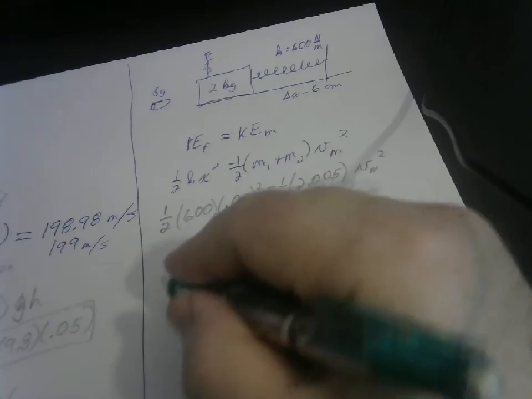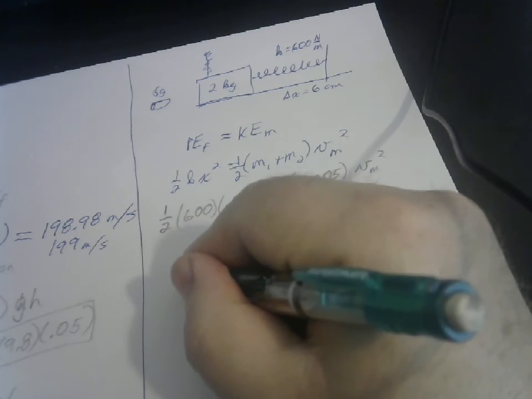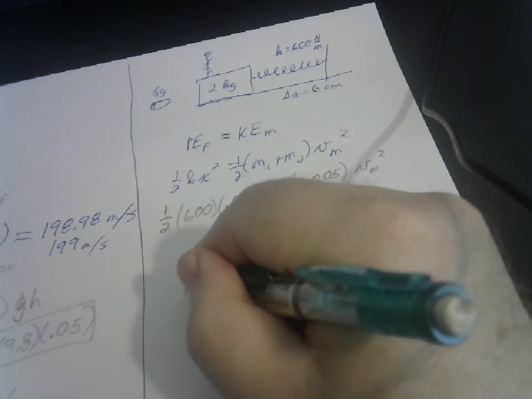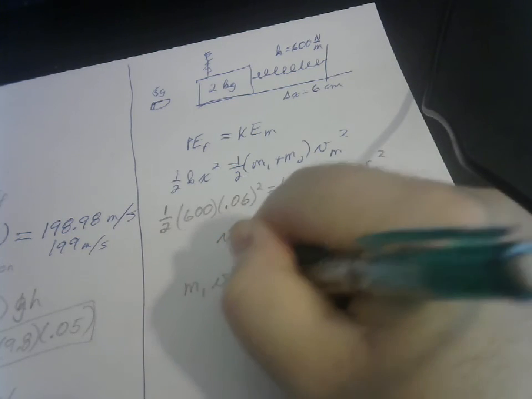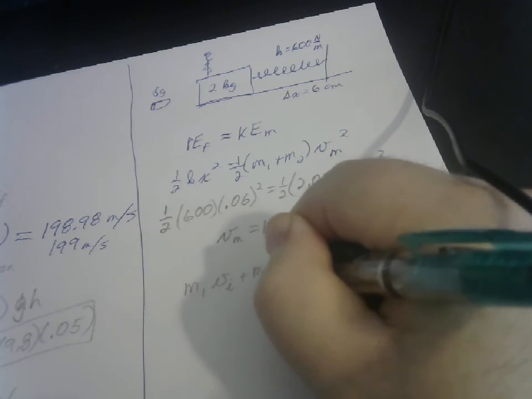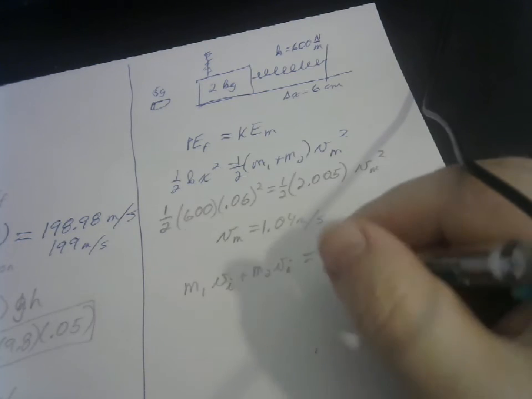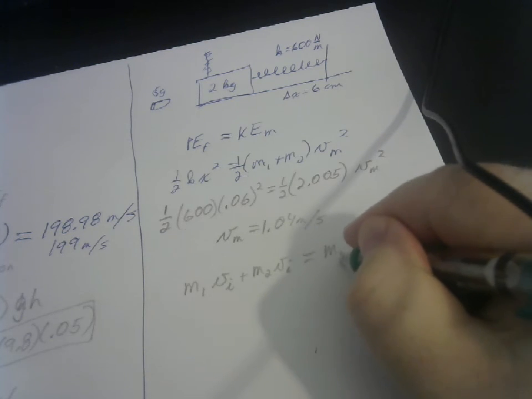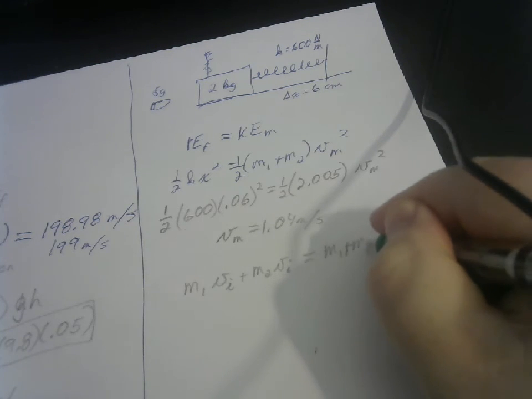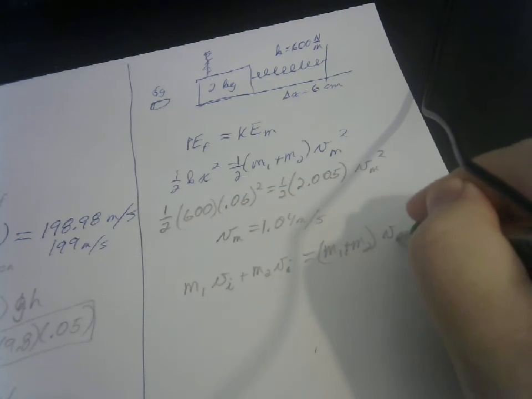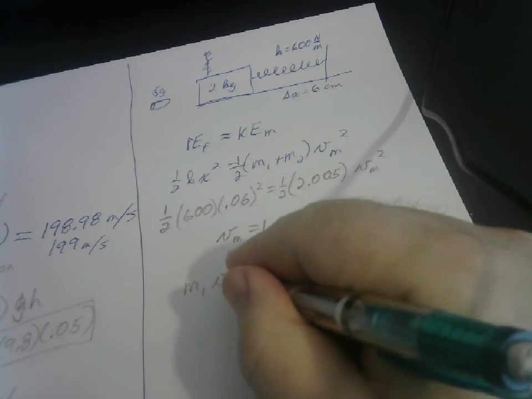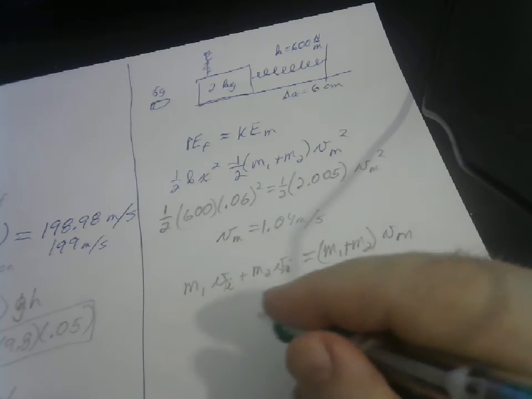Then we can apply conservation of momentum in the first collision. m1 v initial plus m2 v initial equals (m1 plus m2) v middle. This is v1 initial and v2 initial.